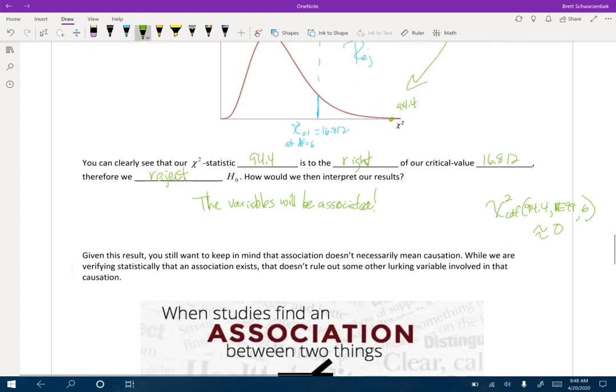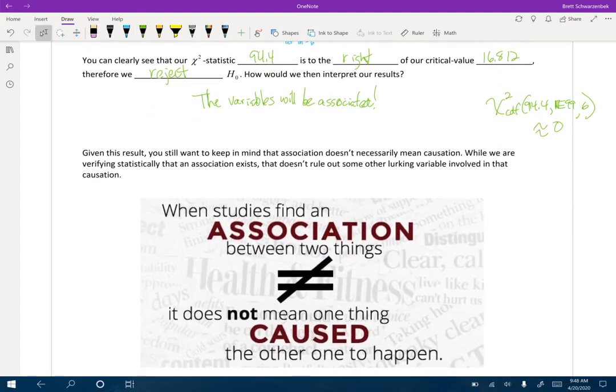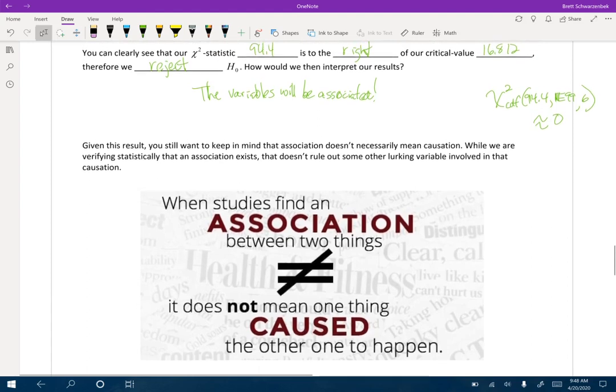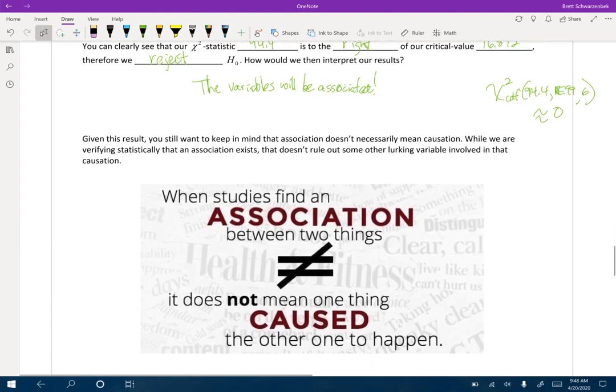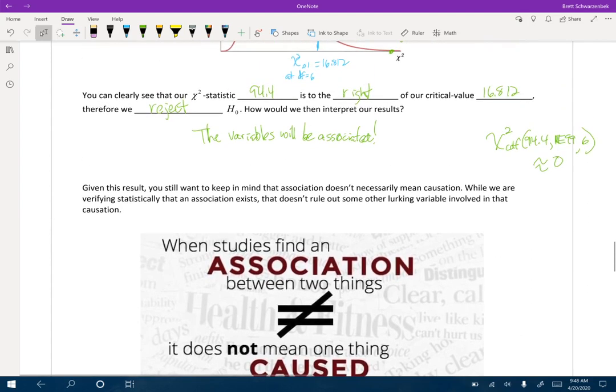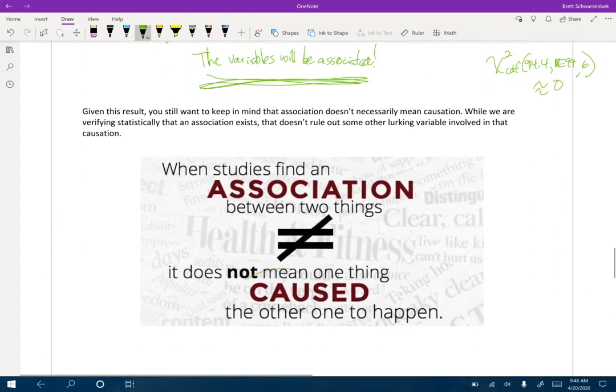Just a small thing here. I put this on here just because if you remember the causation concept with correlation, it's the same thing here. Just because we conclude that the variables are associated doesn't mean that one causes the other.